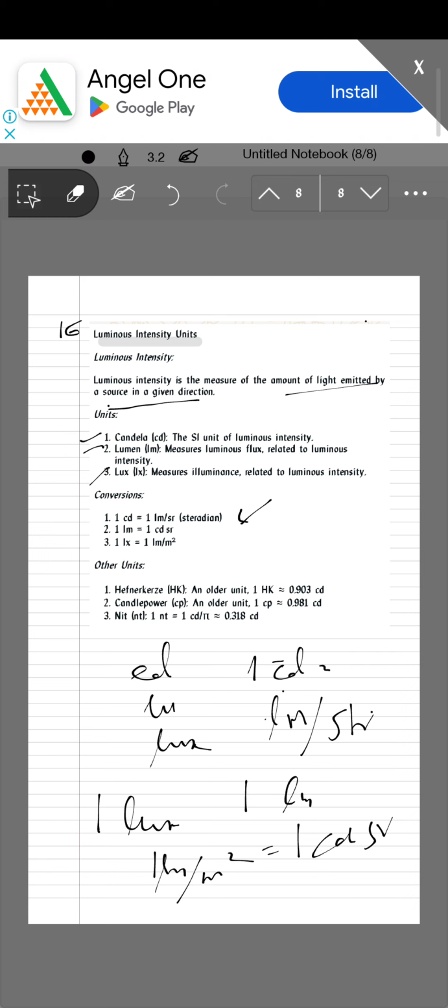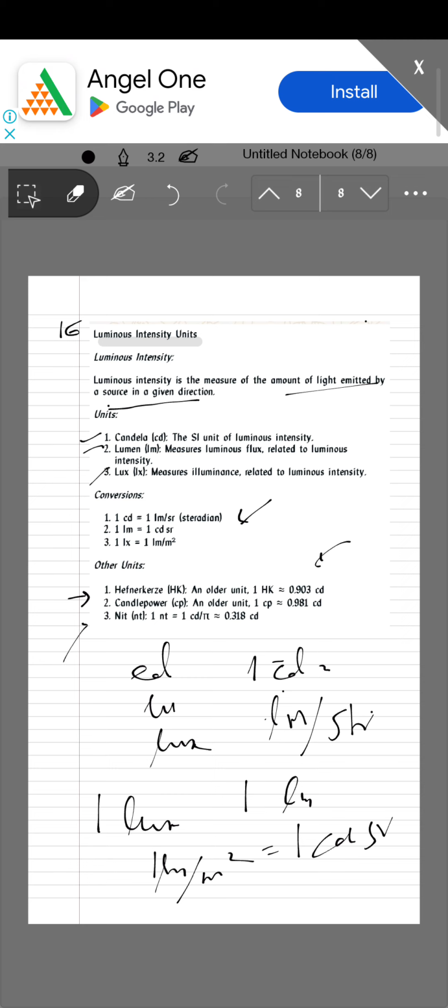That is 1 lux. Apart from that, there are other units defining the luminous intensity, like the Hefner-Kerze HK, which is 0.903 of a candela.